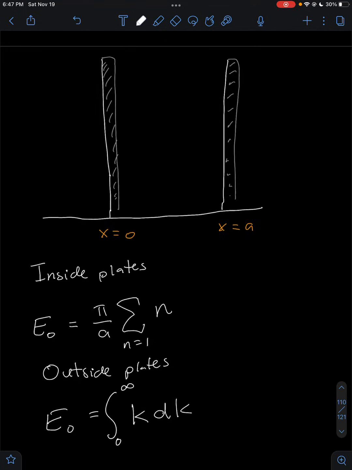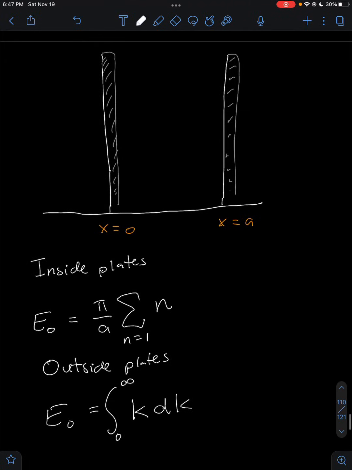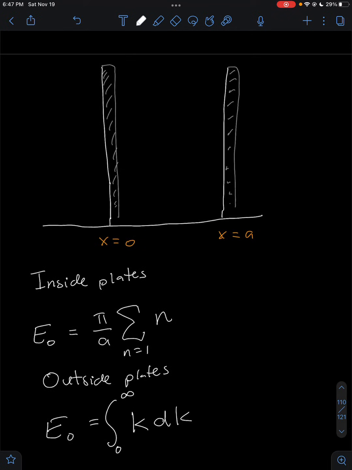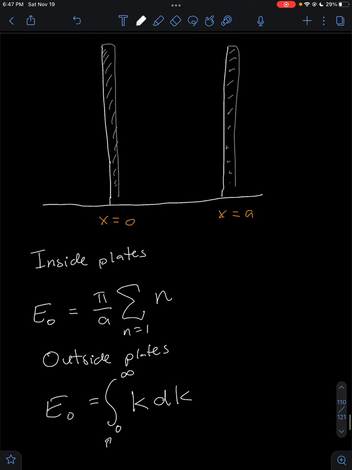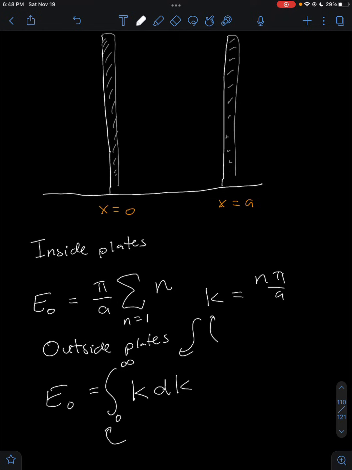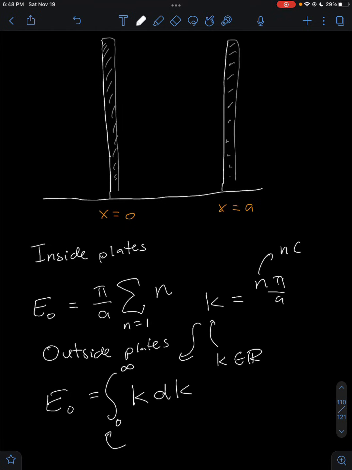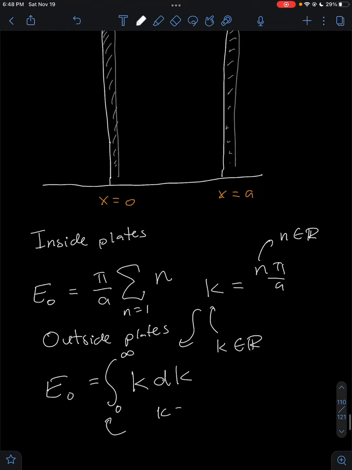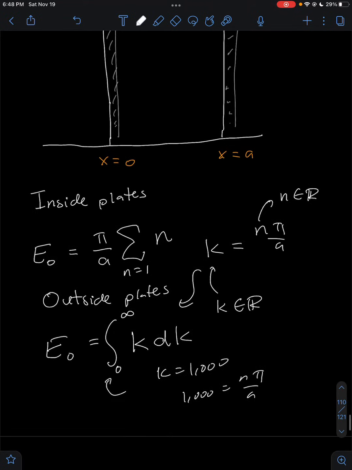Now, first of all, we have a continuous sum, basically, which is just an integral, because outside of our plates there is no quantization, right? So that's why we have this integral over here. Now we can write k as being n pi over a, even for outside of the plates, right? Because since k can be any number we want, that means that n can be any number that we want. So for example, if we want k to be 1,000, well then that just means that n is going to be a times 1,000 over pi.